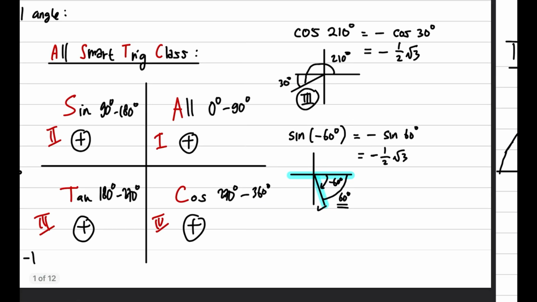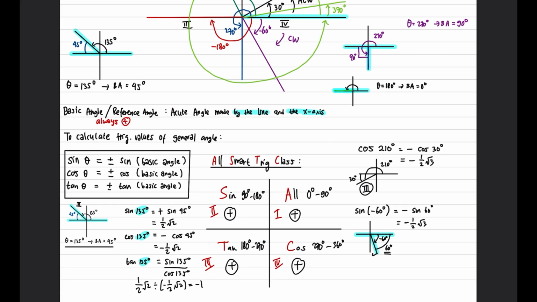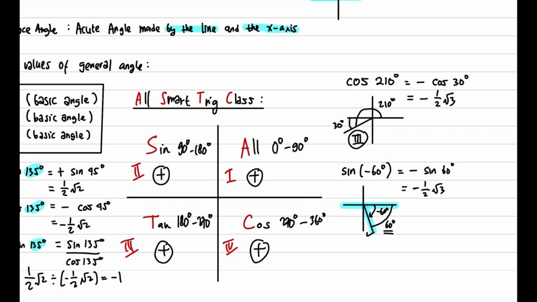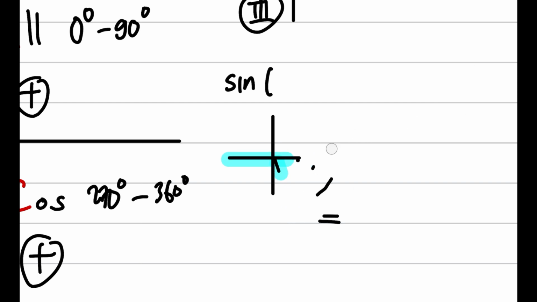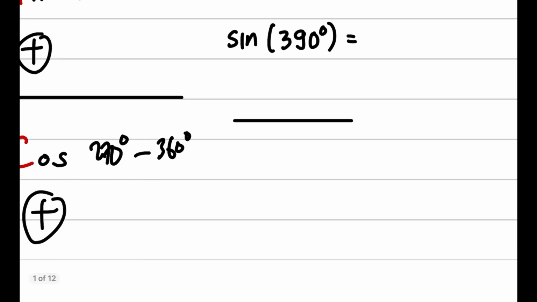You can also use this concept to find the value for angles more than 360 degrees. So let me erase this. Let's say I want to find sine 390 degrees. How do you find sine 390 degrees?